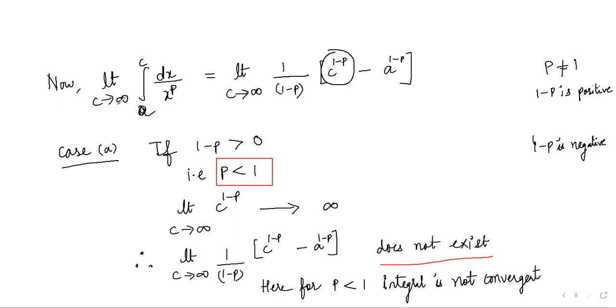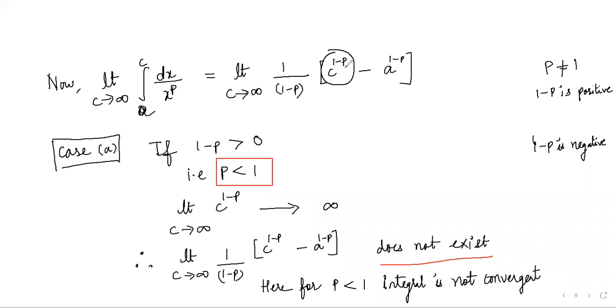So this is the first case when this exponent 1 minus p is positive. Now consider the second case. Let us name this as case B. These are the sub cases within the case that p is not equal to 1.